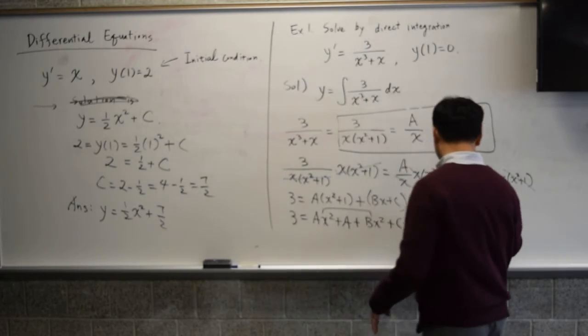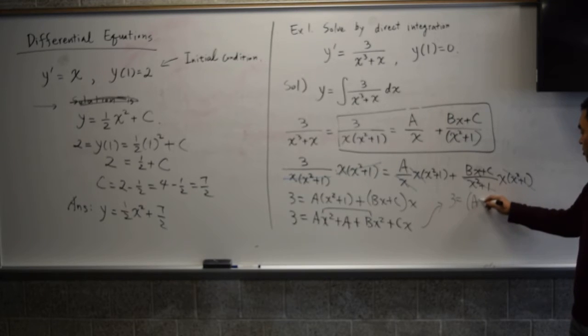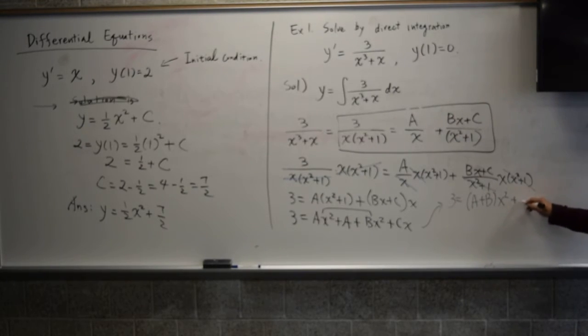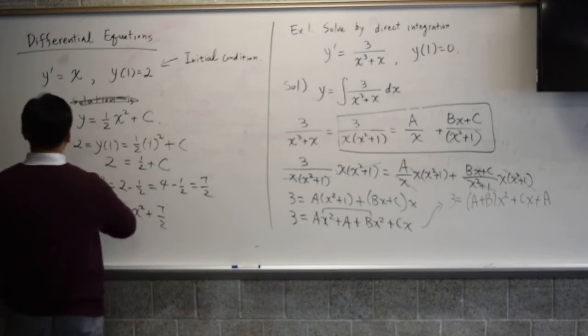So now that tells us that 3 is equal to a plus b x squared plus cx plus a if you organize it in the powers of x. Okay. All right, let's continue on.